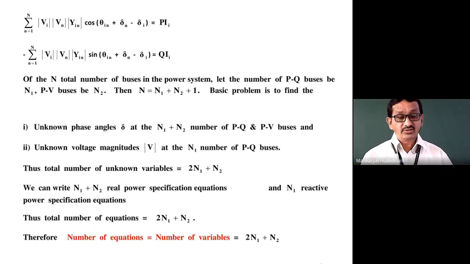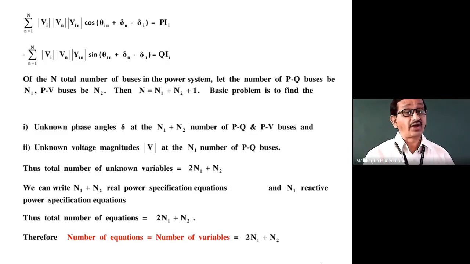For these 100 buses, do you know the phase angle of all the 100 buses? Definitely no. When I start the load flow study, my hunt is to understand: at a load bus, P and Q are given, V and delta are unknown. I would otherwise say delta at all the 50 buses is not known. Then N1 number of deltas pertaining to load buses I must compute.